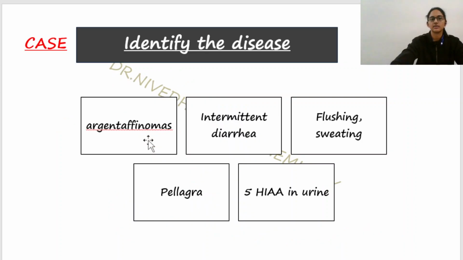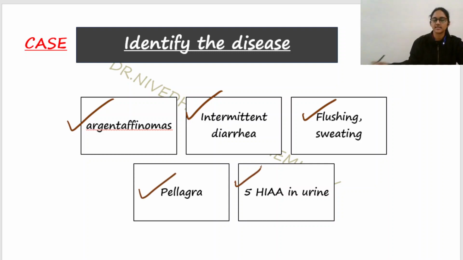Now let's identify this case with the help of these points: argentaffinomas, intermittent diarrhea, flushing, sweating, pellagra-like symptoms, 5-hydroxy-indoleacetic acid in urine. With all these points, which diagnosis do they correlate to? Identify the diagnosis.